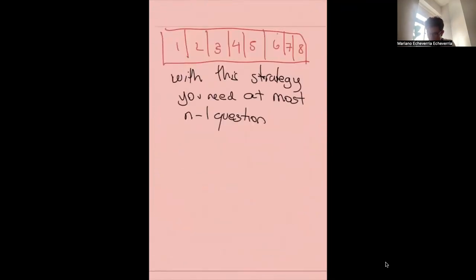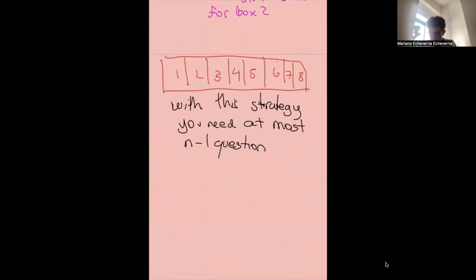Oh, sorry. In the strategy with the boxes I was choosing, it's n-1 questions if there are n boxes, but here it was really 2 to the n minus 1. This could look a little bit weird because I was calling the number of boxes 2 to the n.